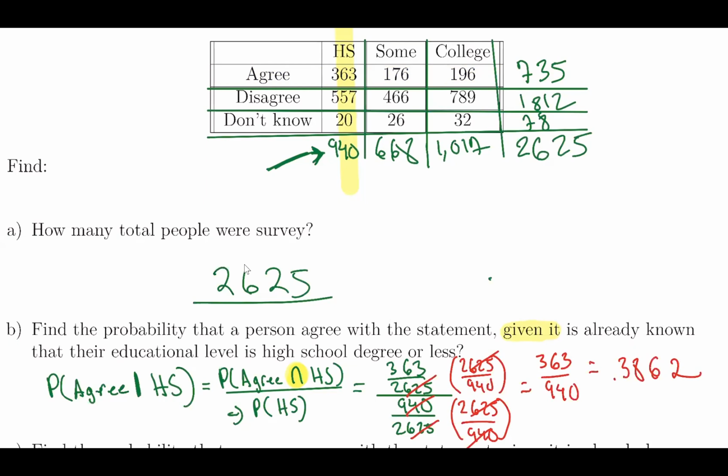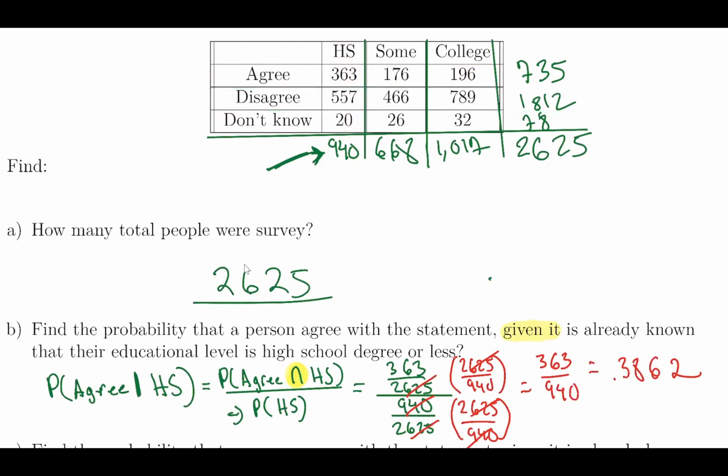But if you're okay doing it the way we did in 4.4, just go ahead and do it that way. Because for this one, what's my condition? Is the condition that they agree with the statement or that they have a high school degree or less? Yeah. So that's a condition.